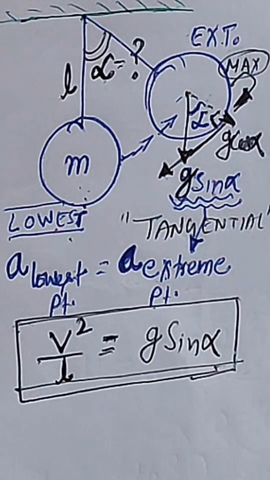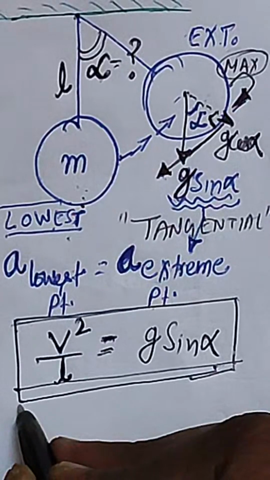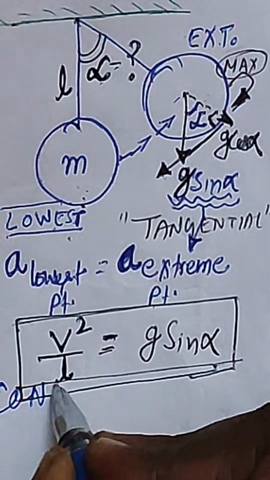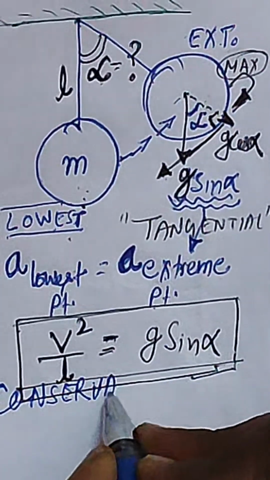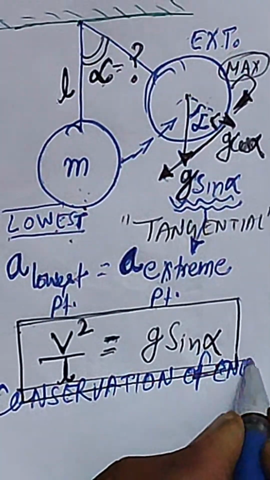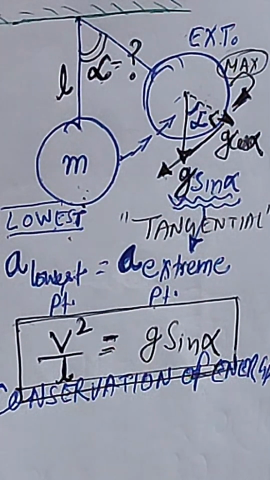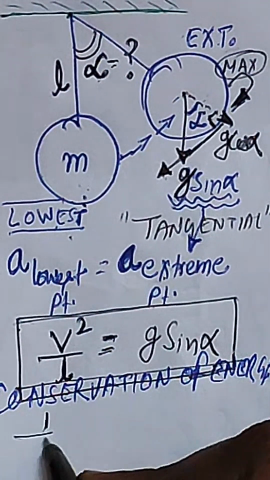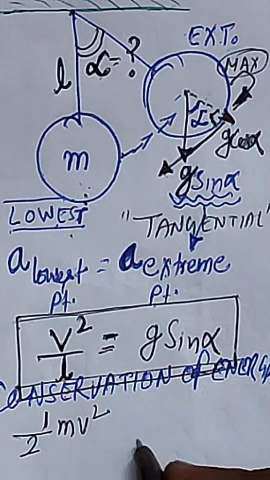So by applying the conservation of energy, the energy at this point, which is kinetic, is half mv square.